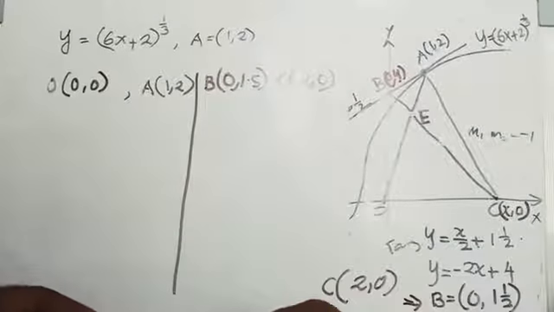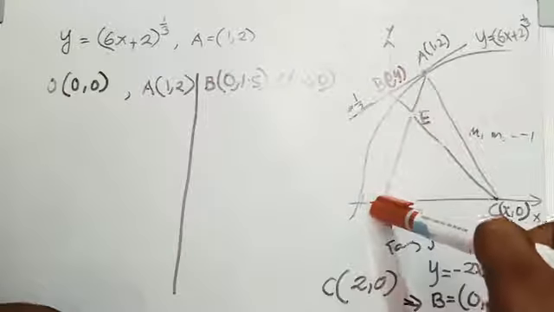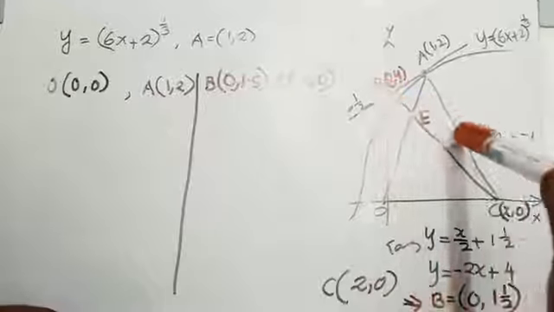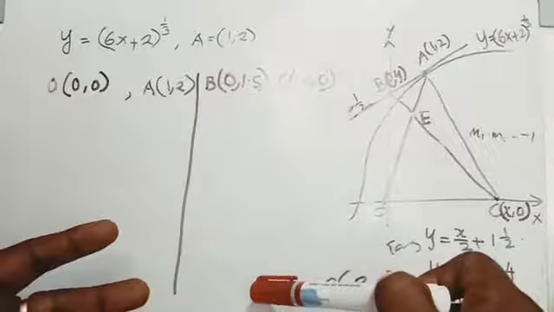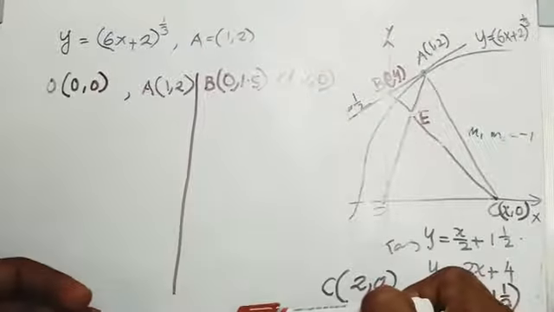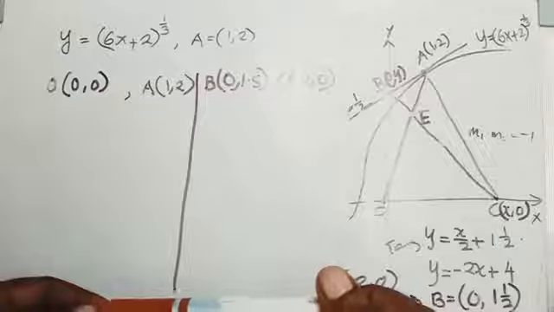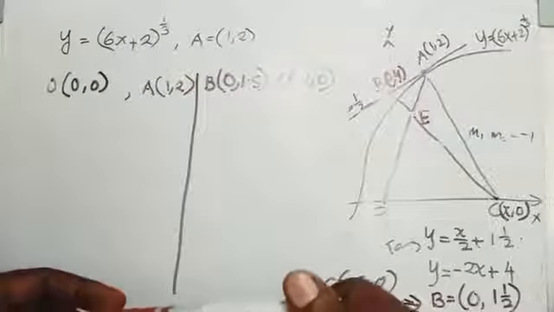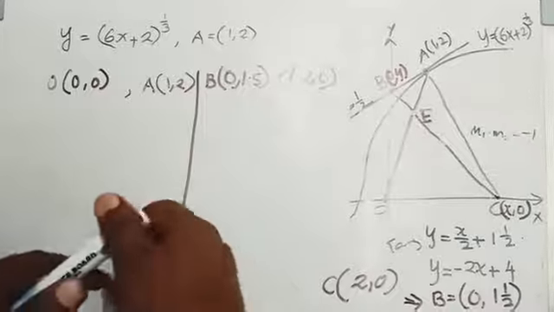So here our plan is to find the equation of line OA and the equation of line BC. So we get two linear equations and consider those two as simultaneous equations, and solve them using the elimination method. So let's find the equation of OA and BC.